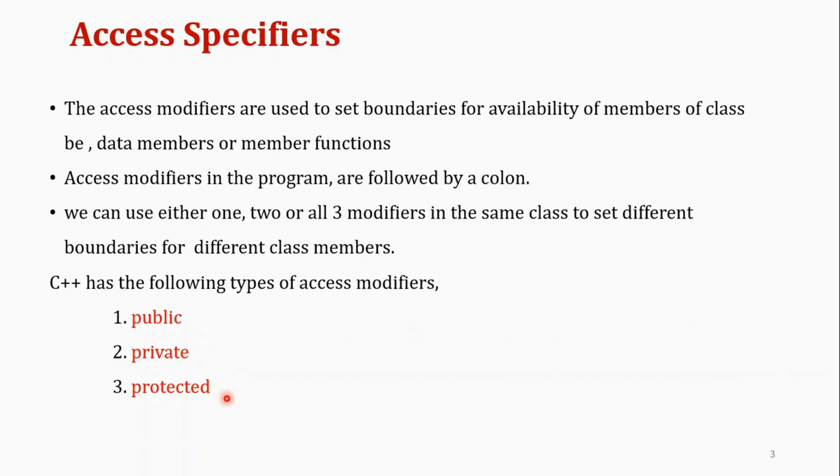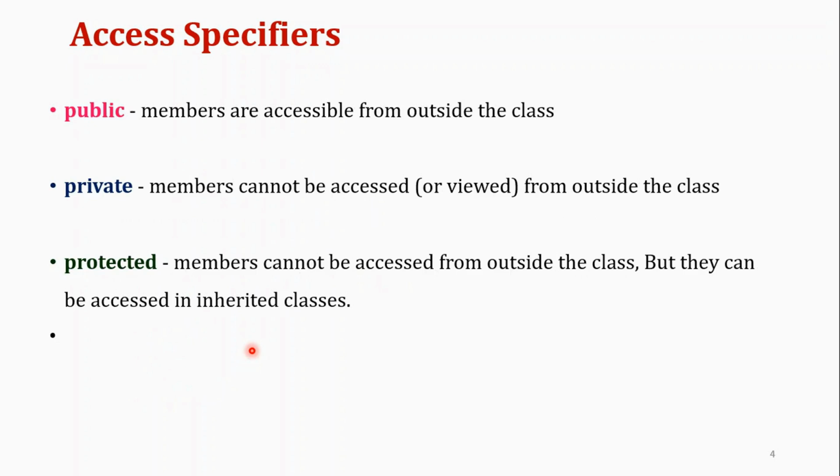Protected means it can be used outside the class only in the case of inheritance. These are the three access specifiers, or access modifiers, in C++. Let us see them one by one. Public is access outside the class, private is within the class, and protected is for inheritance.